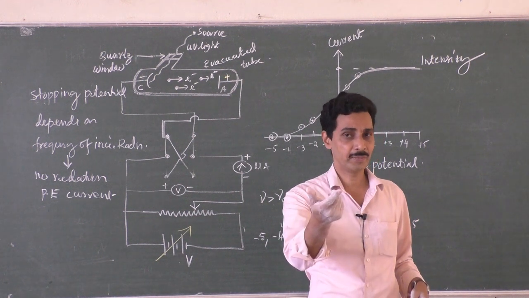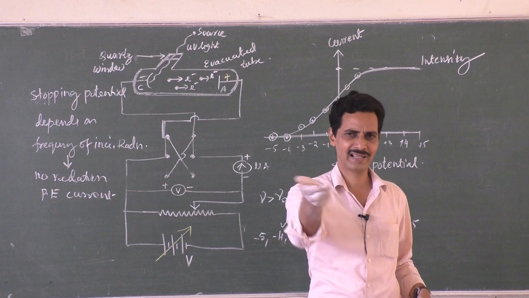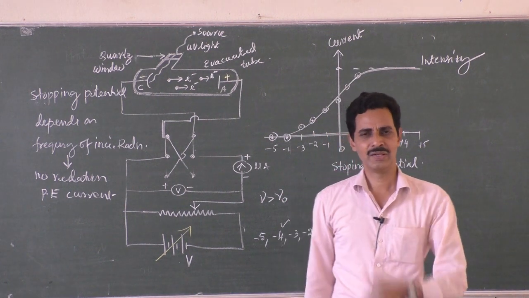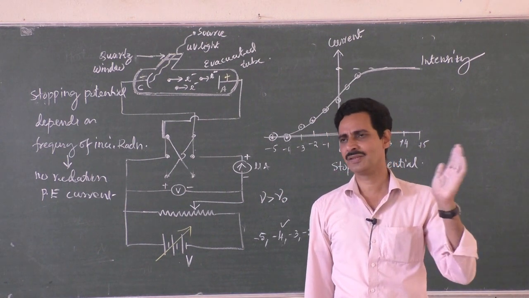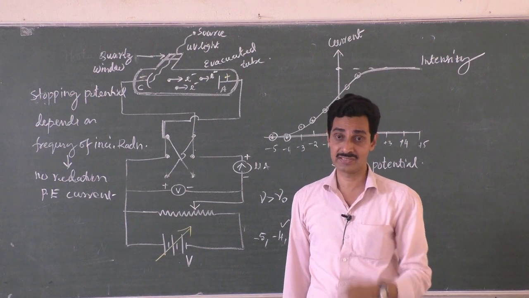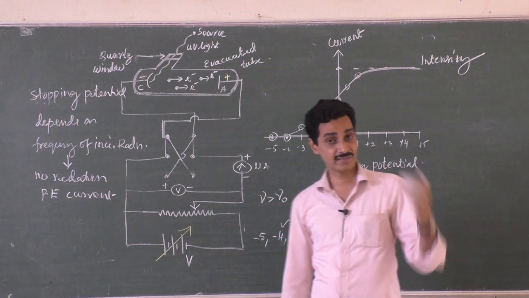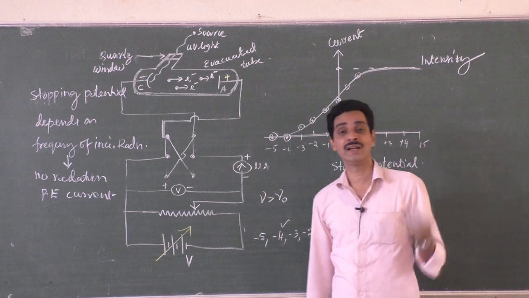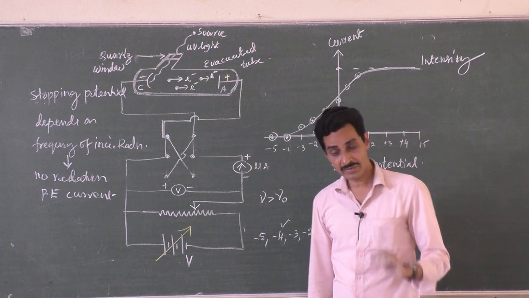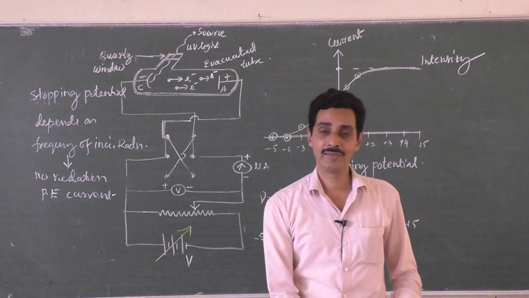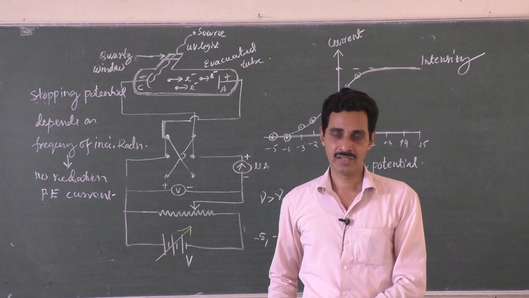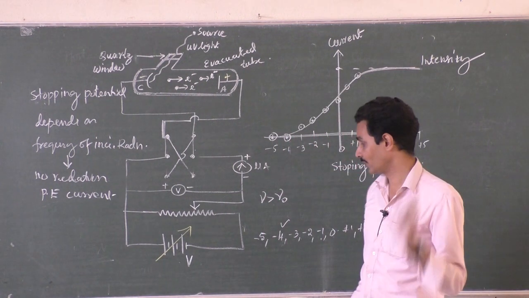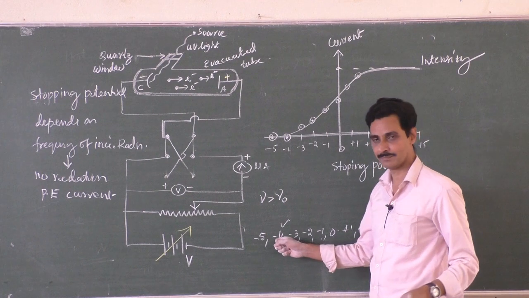If you want different types of photons to come out, change the color, wavelength, frequency. You have to change the frequency or you have to change the wavelength, then only the type of photons will change. Now you are making the same type of photons, but more in number. If the same type of photons come, they will emit the same energetic electrons. The energy required or the potential required to stop the electron is the same.